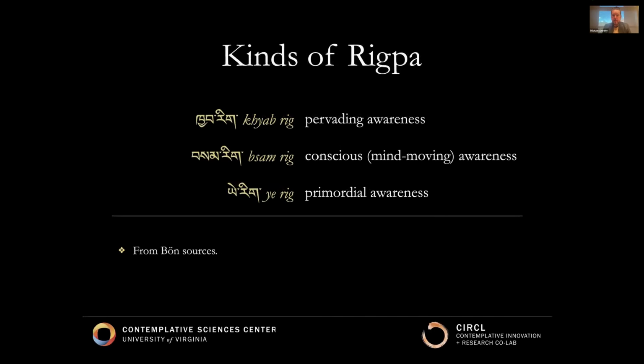Okay. Another tripartite way that they talk about pure awareness or Rigpa is that it's pervasive, that it's not here or there, it's not fragmented or discontinuous, but it's pervasive. That it's semrig, mind moving, that is to say, it's conscious awareness and it has a kind of movement on its own.